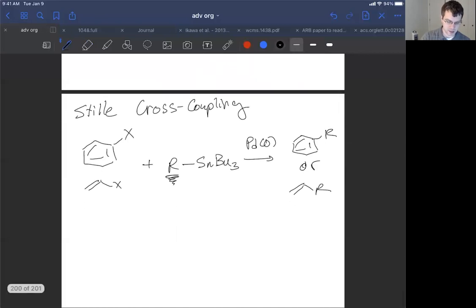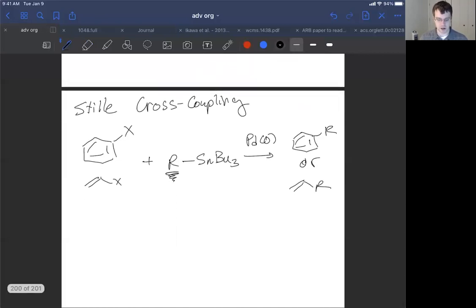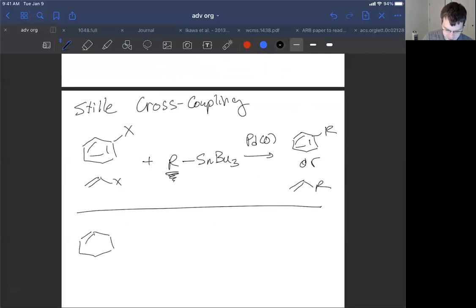Now, this reaction I like as the next cross-coupling reaction to show, because it shows a very simple sequence of events that we're going to see over and over again in different settings. Okay, the first step using either of these halides is reacting the organohalide with palladium 0 by way of an oxidative addition.